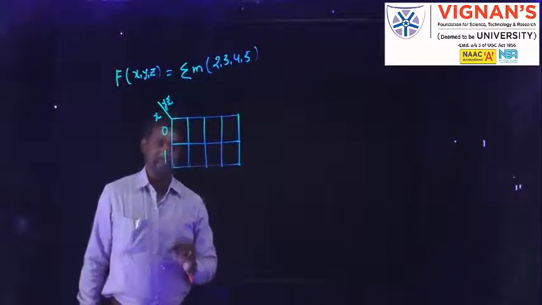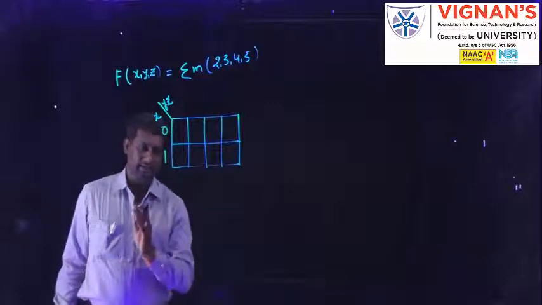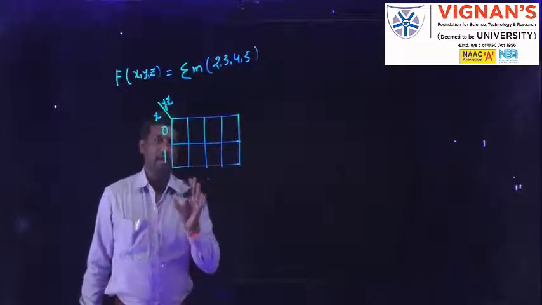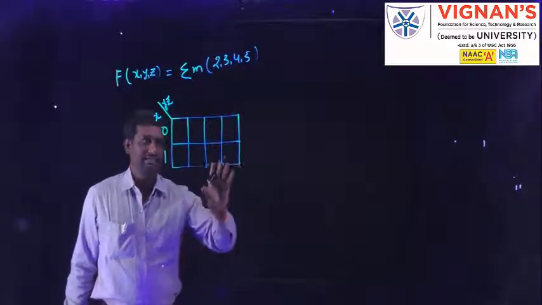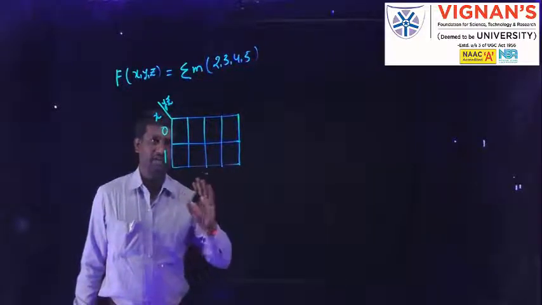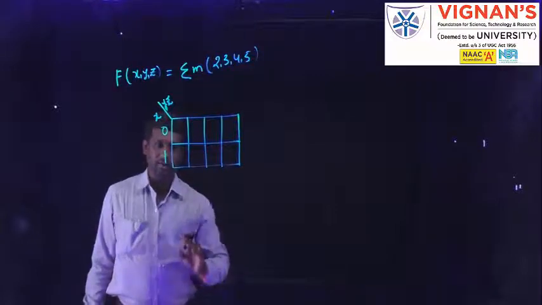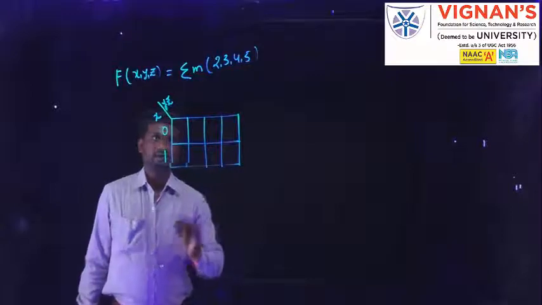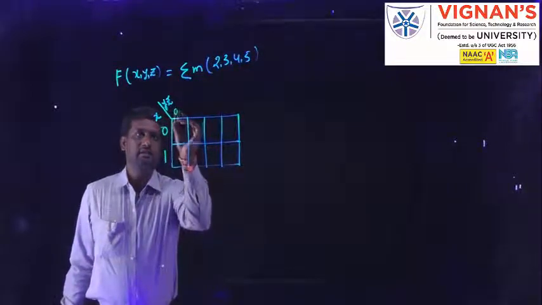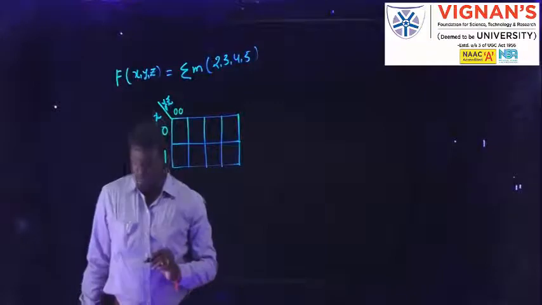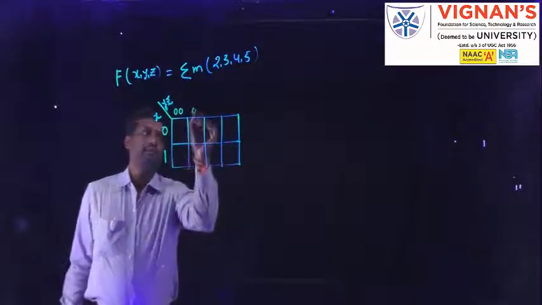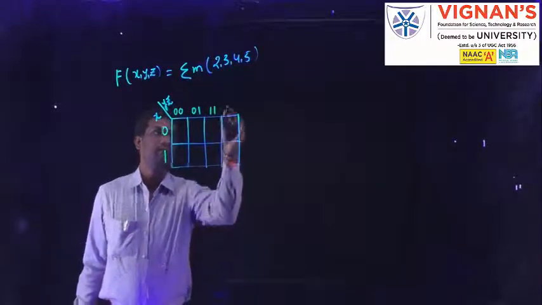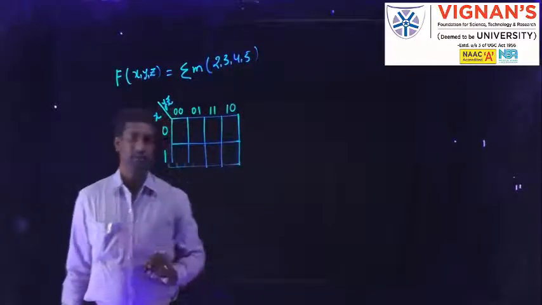And with y and z, as we have already seen in the previous slides, here we are following a unit distance code, which is also called a Gray code, for representation of these cells. So based on that, this row represents 0 0, this row represents 0 1, this row represents 1 1, this row represents 1 0.